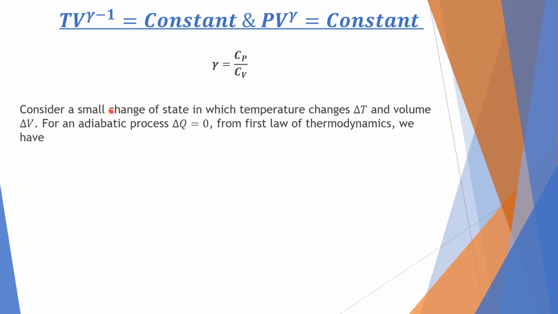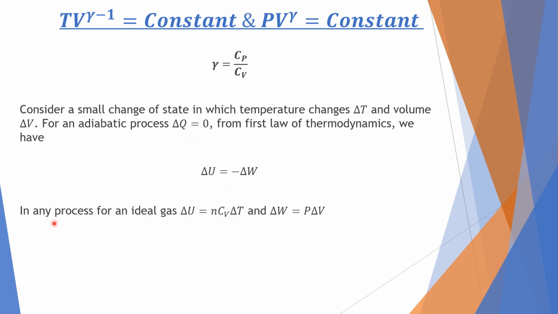So consider a small change of state in which temperature changes by delta T and volume by delta V. For an adiabatic process, delta Q is 0. According to the first law of thermodynamics, for an adiabatic process, delta U is equal to minus delta W. And in any process of an ideal gas, delta U is nCv delta T, which we already found.